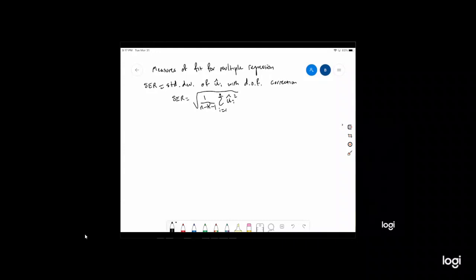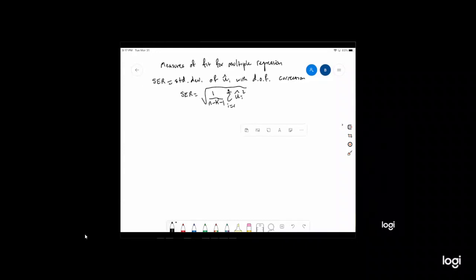So the u hat i is exactly the same. The u hat i, let's just define it. We have actual equals predicted, so the predicted values plus the residual. And so what is the actual?